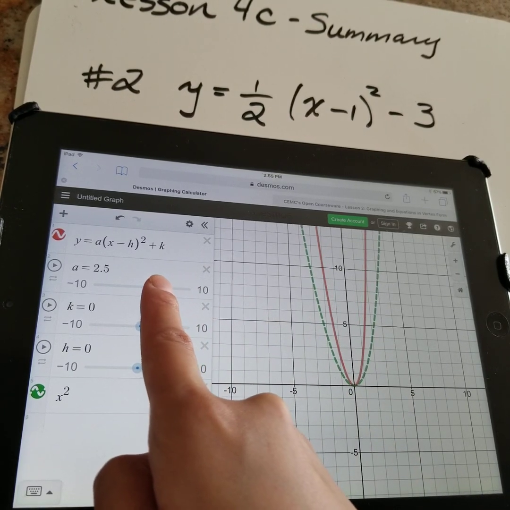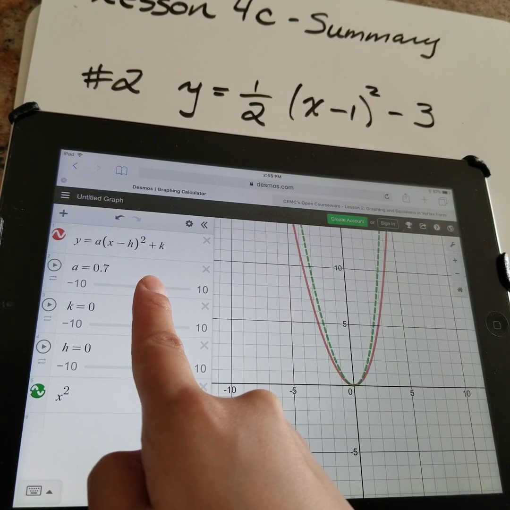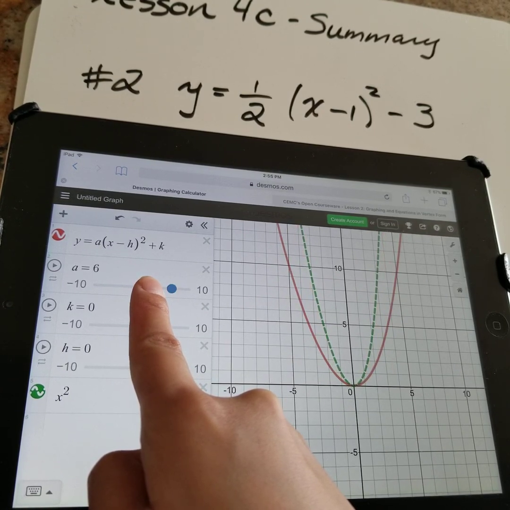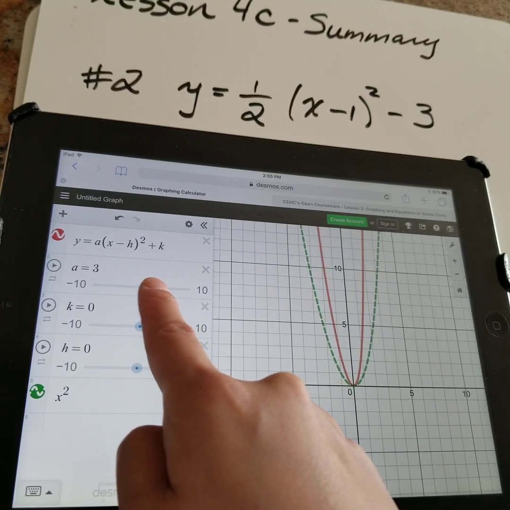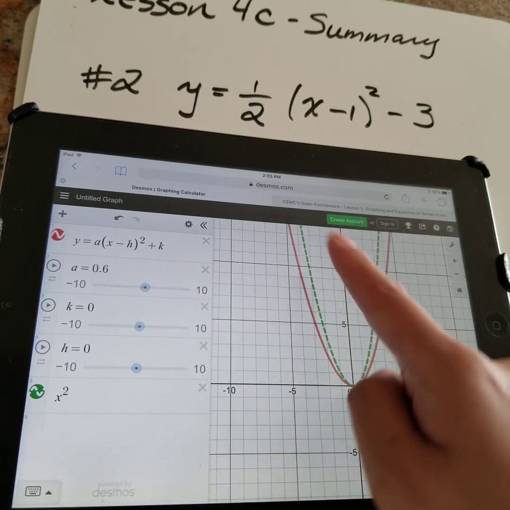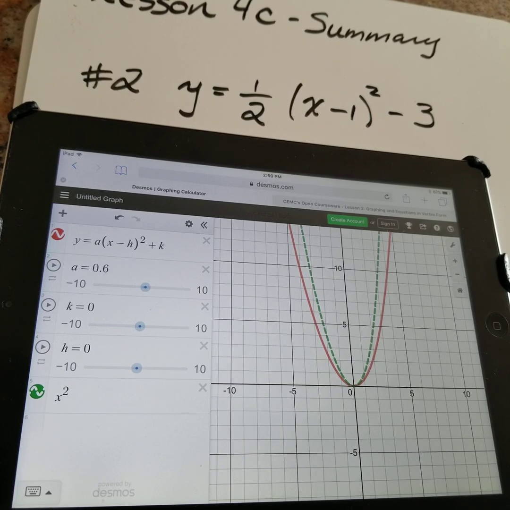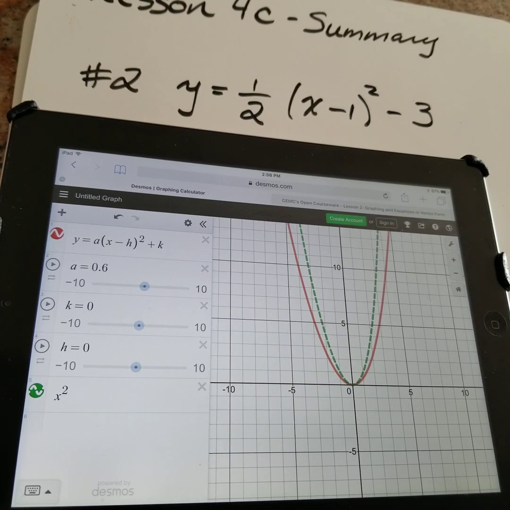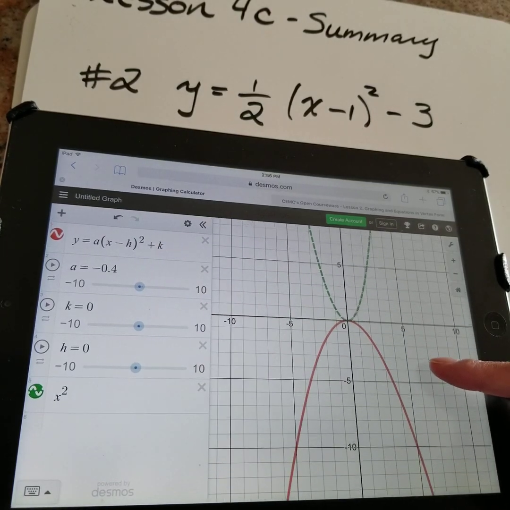And then if I make the value between 0 and 1, so this was 0.7, 0.8, 0.4, 0.3, you can see now that our graph is appearing to be a little bit wider than our original parabola. And we have one more transformation for a, that if it's negative, we know that it's supposed to be reflected over the x-axis.